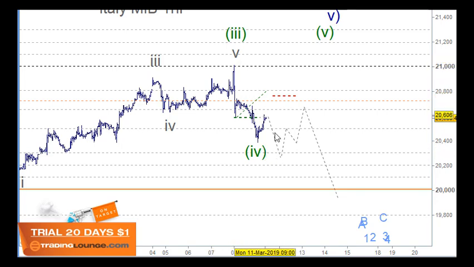We need that impulse wave down here in the European markets to confirm that we've got another move down and have that short trade click in. Alrighty, so we'll just wait for that and see where we are from that. Even if it's on the long side, it will be 1 and 2 and 3 up here and pulling back for 4 and 5 up here, and then there'll be an A and a B and a C, so it will be 1, 2, 3 where it is now, 4, 5, and then an A and a B and a C here.